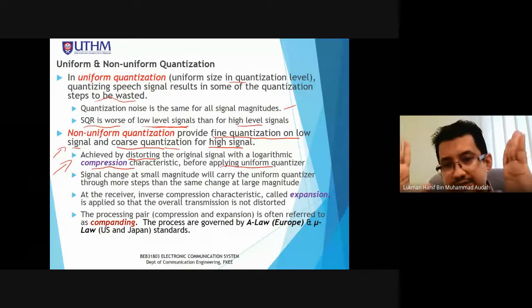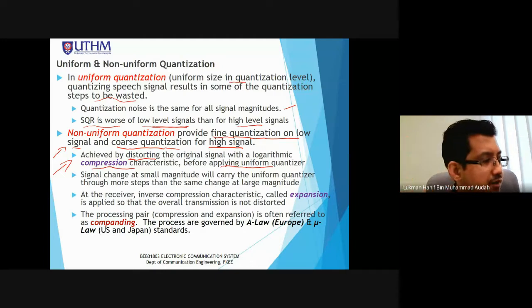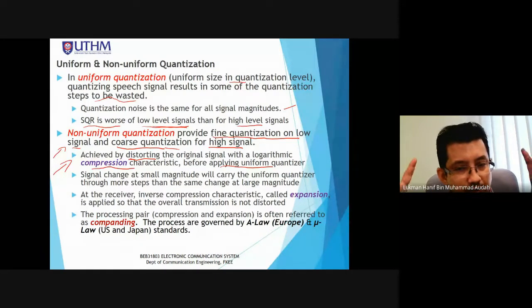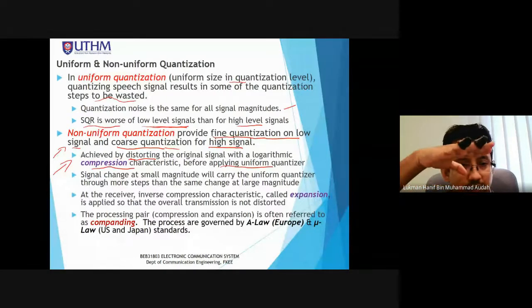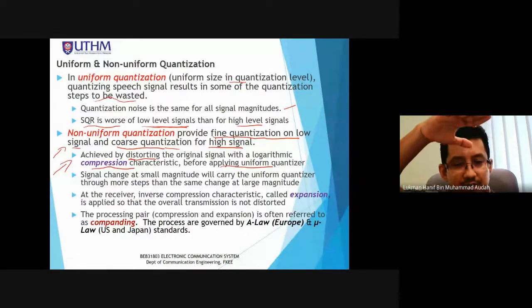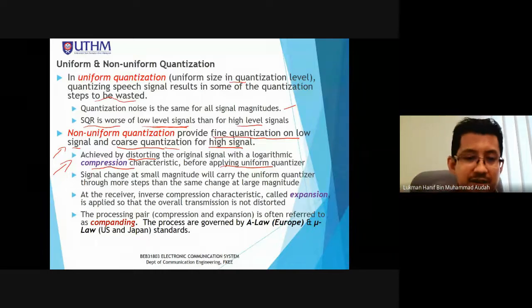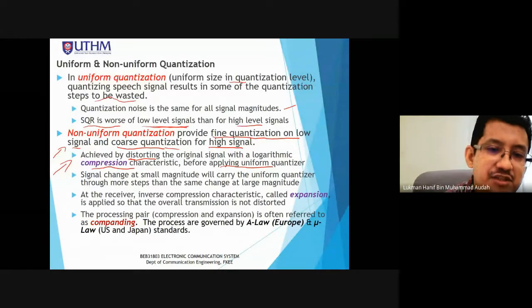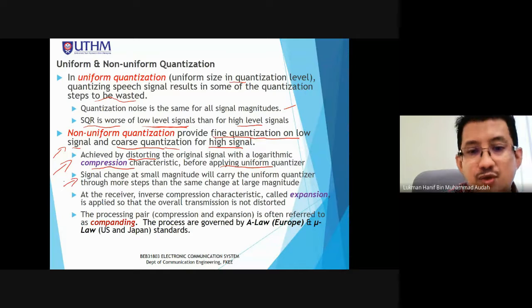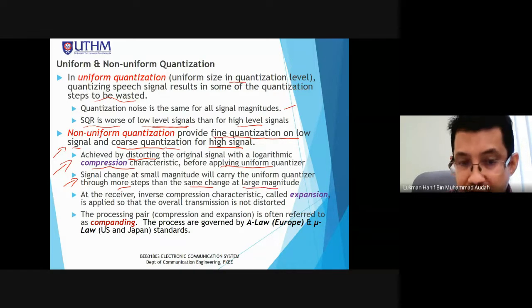Because we compress. So kalau kita compress, seolah macam you tekan, you compress. Bila you compress, nanti dia punya amplitude akan changes. Nanti ada gambar dia. So signal change at small magnitude will carry uniform quantization through more steps rather than the same change at large magnitude.